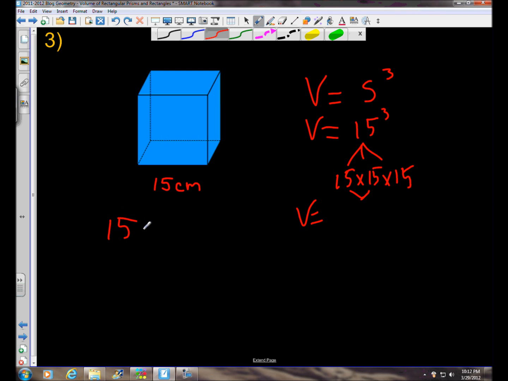15 times 15. So it'll be a 2 by 2 lattice. Ooh, it looks like a kite.